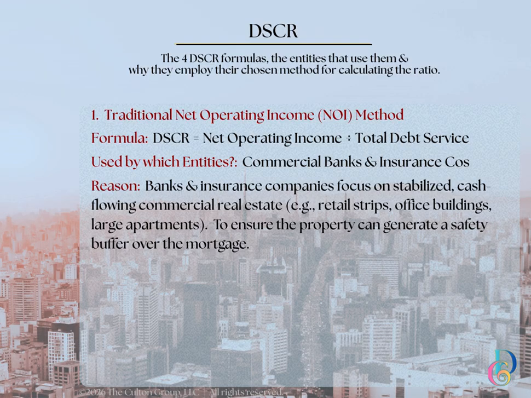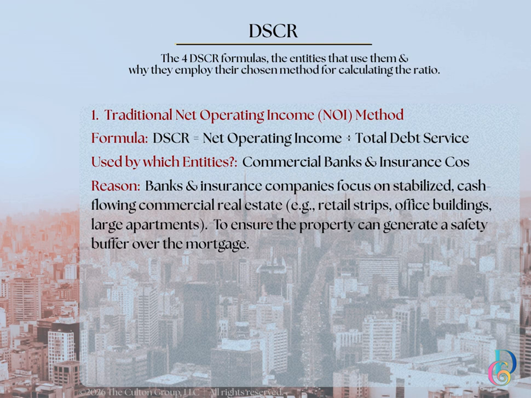Now, the reason banks and insurance companies focus on this method is because they focus on stabilized, cash flowing commercial real estate, such as strip malls, office buildings, large apartments, etc. And the method is used to ensure the property can generate a safety buffer over the mortgage.